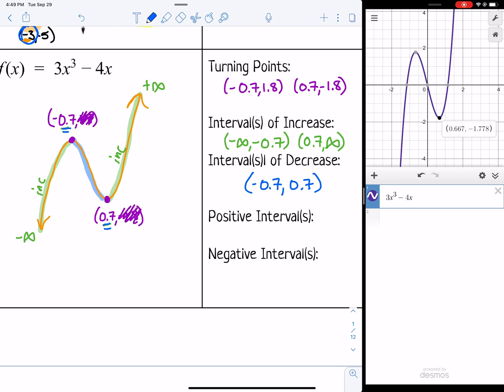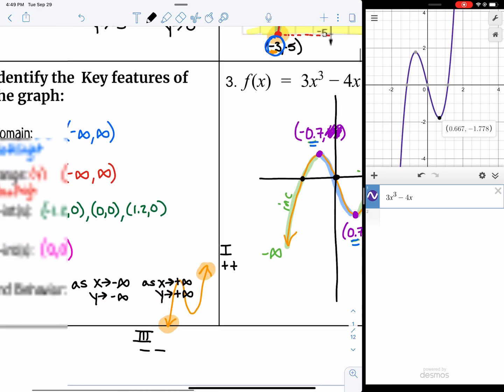All right, I need to sketch my graph a little bit nicer so that I can pick out the next set of things. Let's see, I think it's about like that on my graph. And I have positive interval and negative interval, so I need these x-intercepts because that's where I need to write my values down.